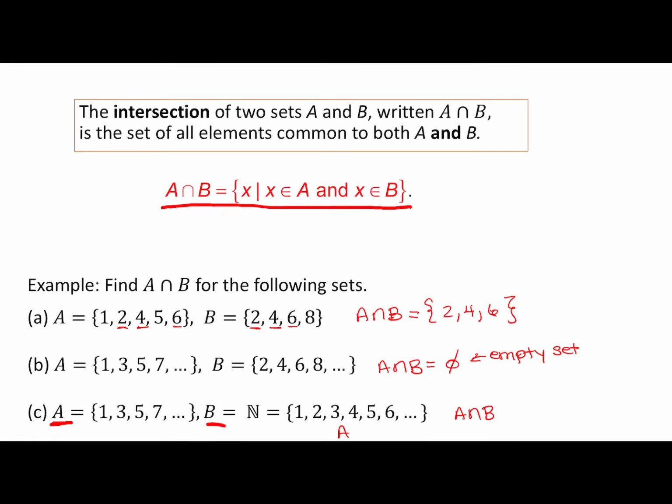So if you remember our notation, A is a subset of B. Everything that lives in A also lives in B. So the intersection here is all of A. Everything in A is also in B. Okay? And in general, if A is a subset of B, then A intersect B will just be all of A, because everything in A is also in B.